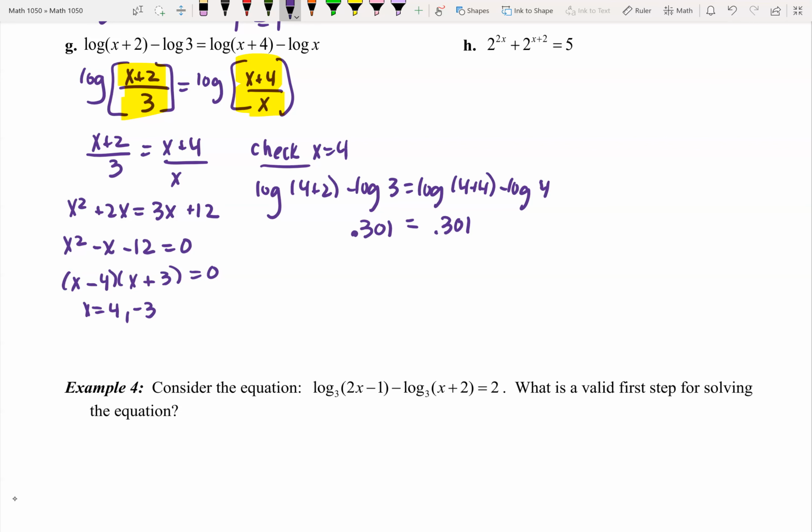Okay, do you get 0.301 on both sides? Yes? Okay, so let's check the next one.